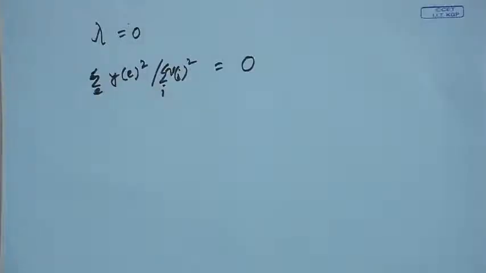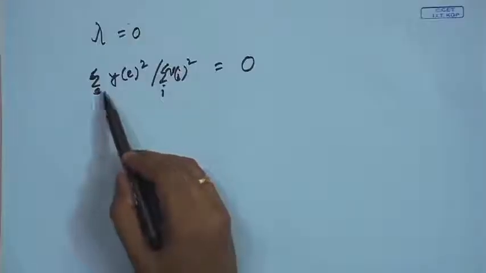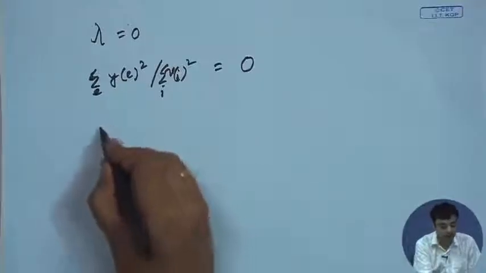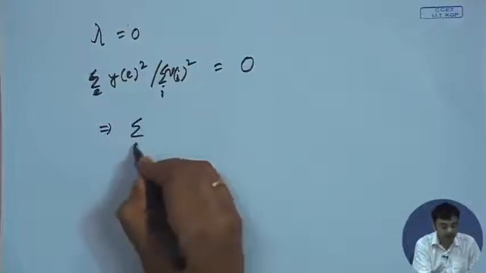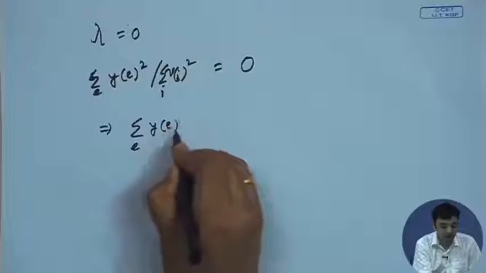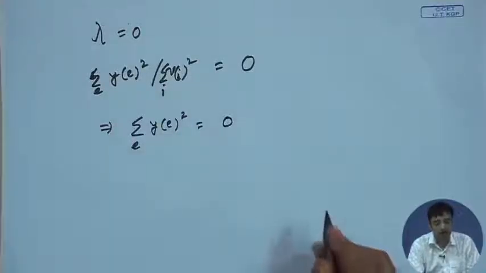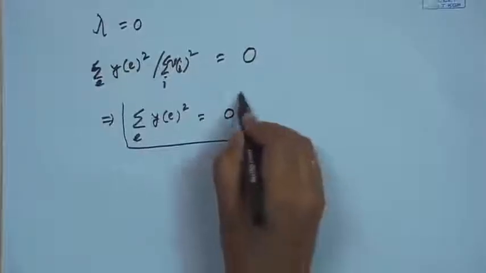We evaluated the expression for lambda like this in the last lecture. So, this expression will be equal to 0 if lambda is equal to 0. That means, essentially, the sum over edges of (Vi minus Vj) whole square is equal to 0, since sum of Vi whole square is a positive scalar.